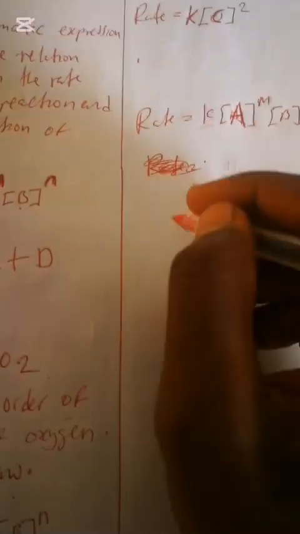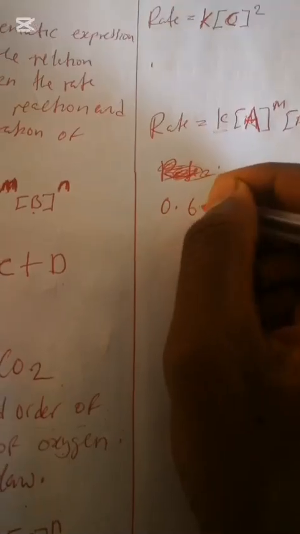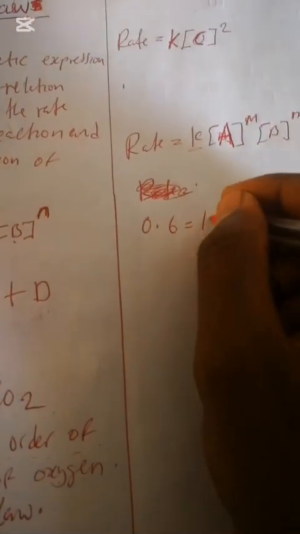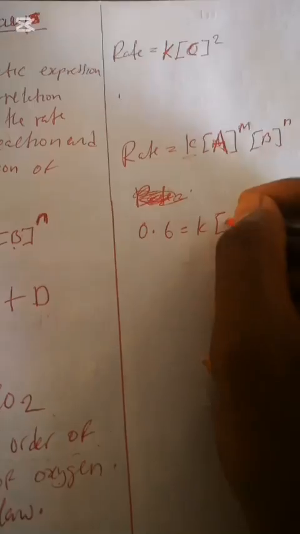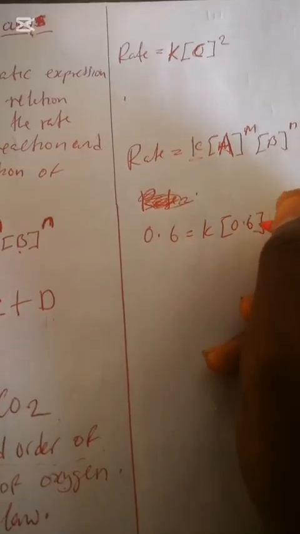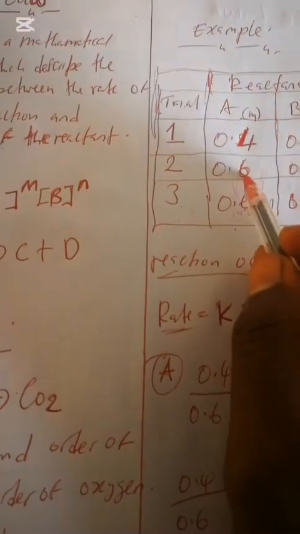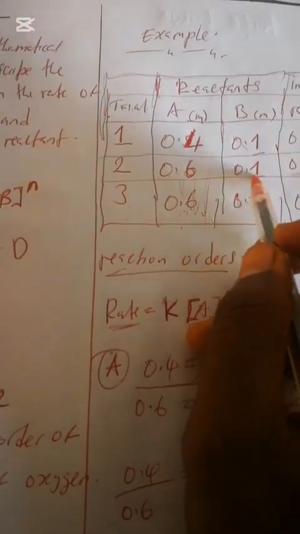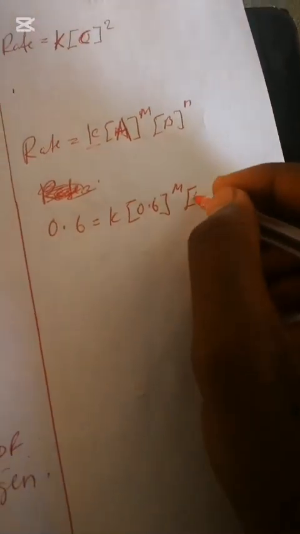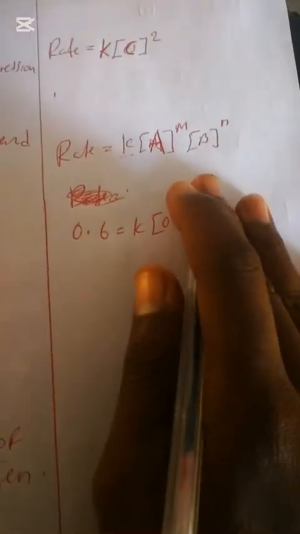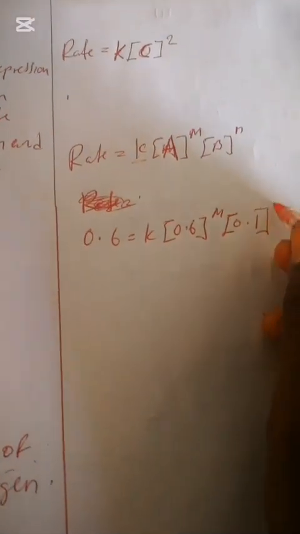So 0.6 is equal to K. Here A is also 0.6, to the power m, we don't know m. Then B is 0.1, so 0.1 to the power n.